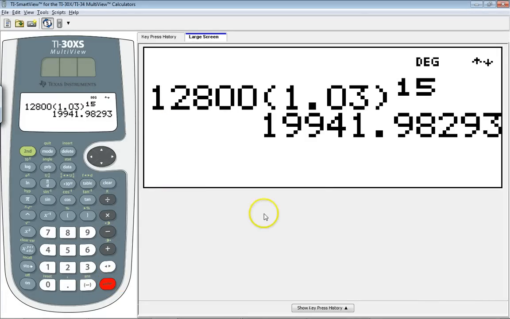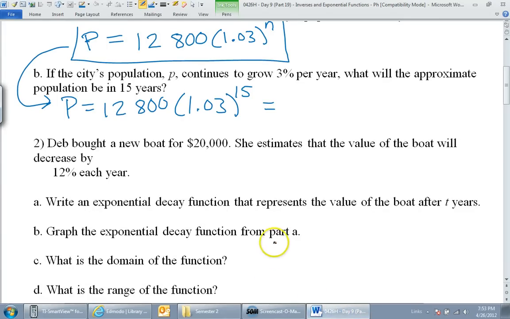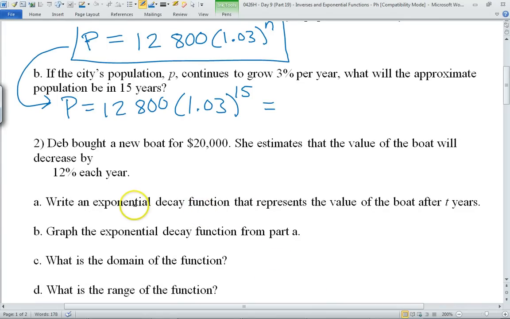Just hit enter, and this is what we get for our answer. 19,941.98. Okay, since it's people, we will round to the nearest person.